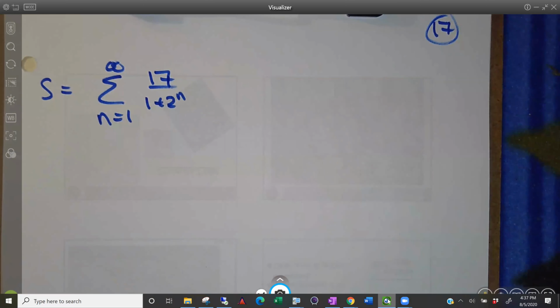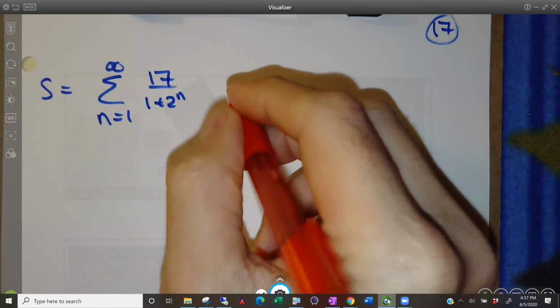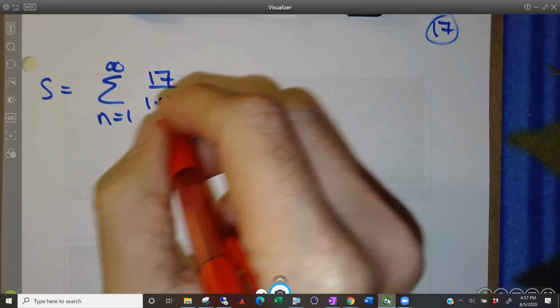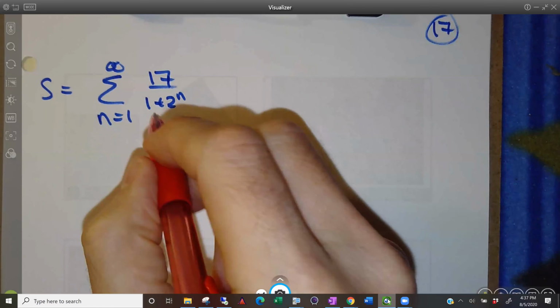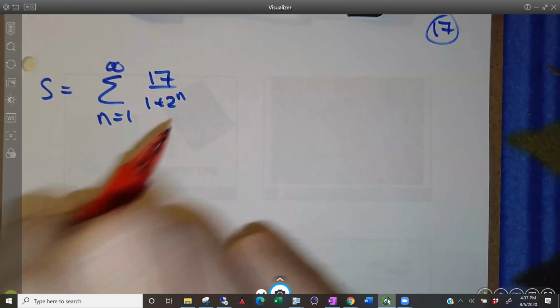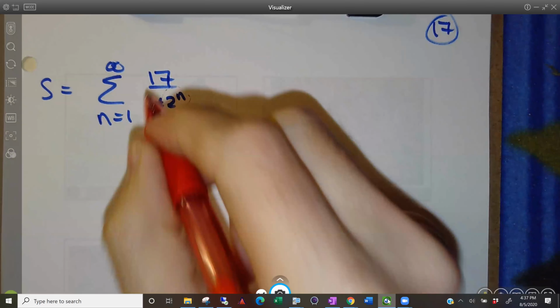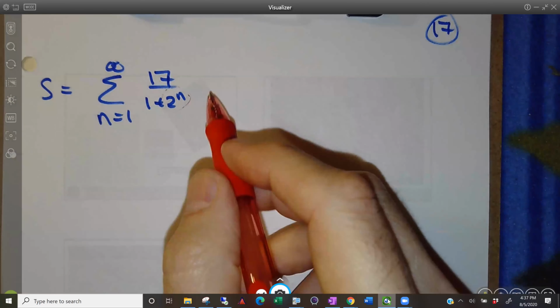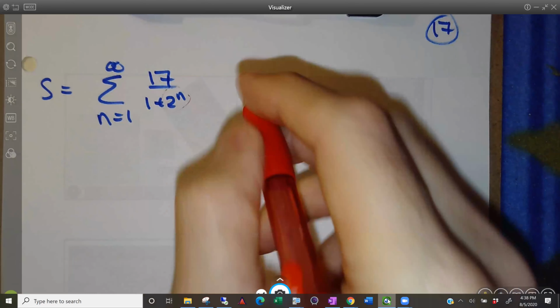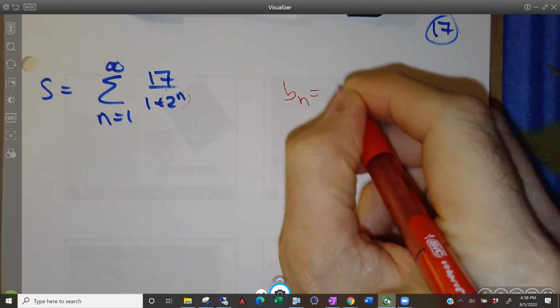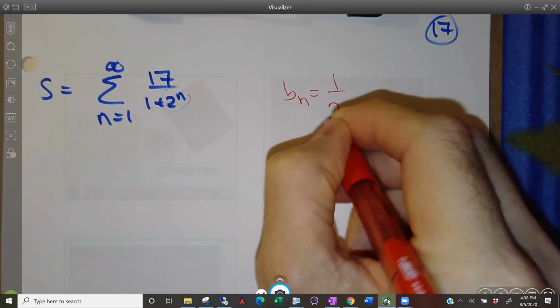Now, in this particular case, I'd probably use something close to this. In fact, Nash, you were asking earlier, I mean, you're always coming out to the one. What if I just looked at the important part here? And then I said, all right, let's let b sub n equal 1 over 2 to the n.